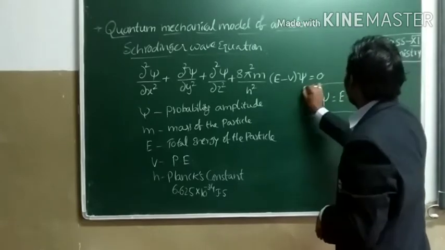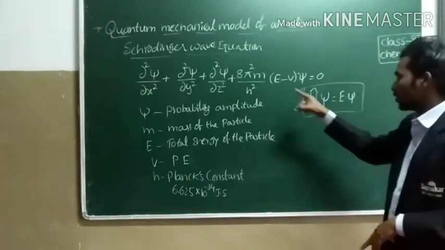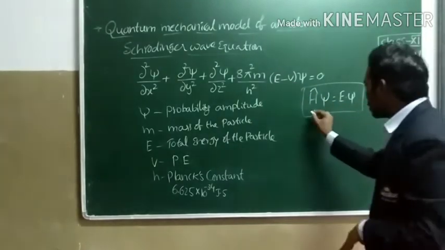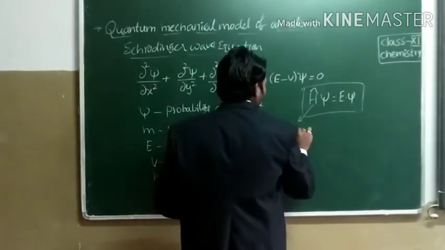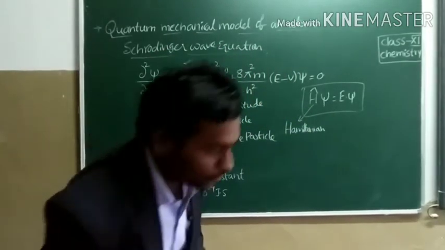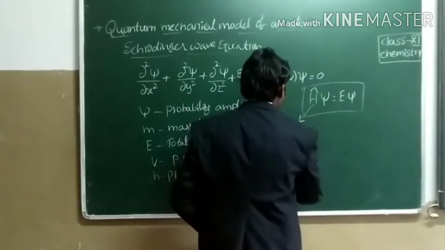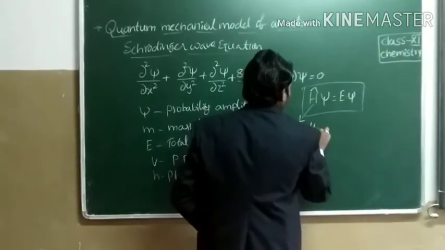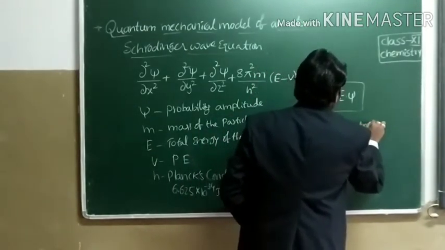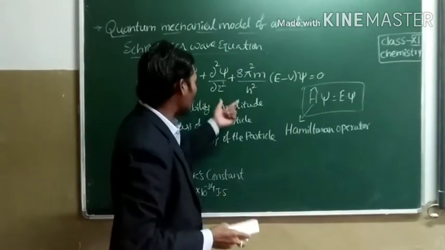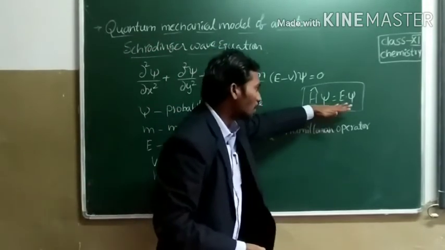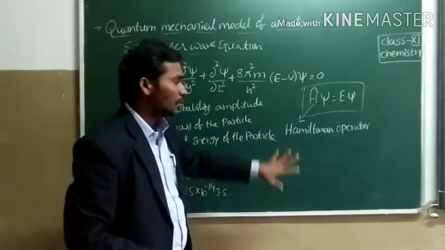This is the simple notation or representation of Schrödinger's wave equation, where Ĥ is the Hamiltonian operator, ψ is the probability amplitude or wave function, and E is the total energy of the particle.